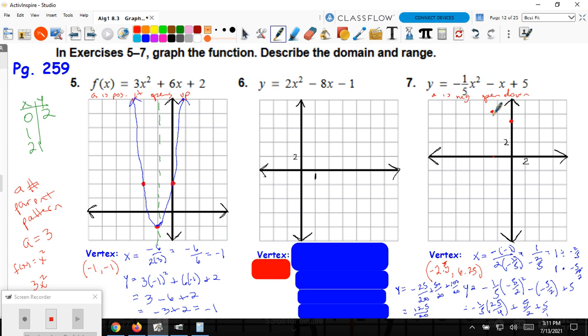And my axis of symmetry is right here. So basically, on the other side of this, how far away is that? This is 2.5 away. So 2.5 away this way would be actually at -5. So remember, this is going to go 2, 4, 5 would be halfway this way. So it's going to be right about in here. And so you can see that's kind of the way the parabola is going to be going.